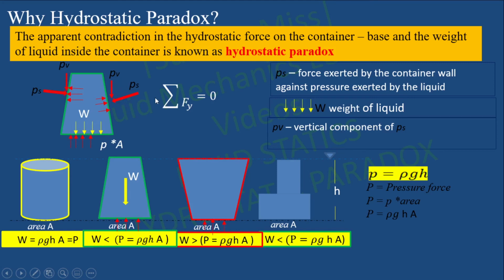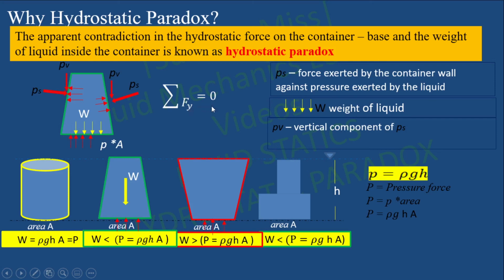So for equilibrium, there should be an additional force acting downward, as P into A is greater than W. As can be seen from this figure, there is a force acting in an inclined direction perpendicular to the side. So the component of the force in the vertical direction balances the difference between the pressure force and the weight of the liquid.